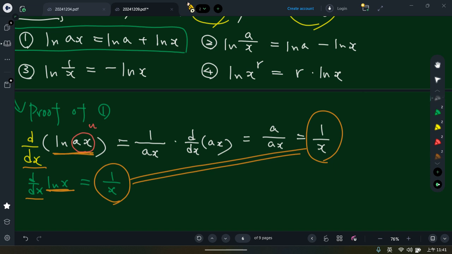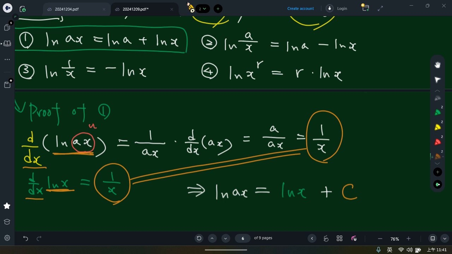We can conclude that ln ax and ln x, their difference is plus some c. Did you remember? Corollary 1 or 2, I forgot.